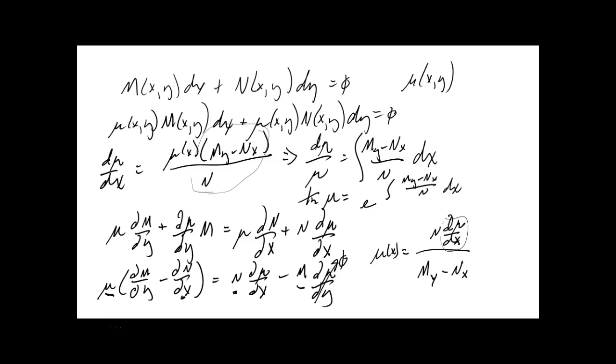Hopefully you can do the integration. Whatever that turns out to be, e raised to that, that's your integrating factor. Now, that hasn't solved the problem for you. Let's just set it up so you can solve the problem. So your integrating factor, mu, is some function of x alone.